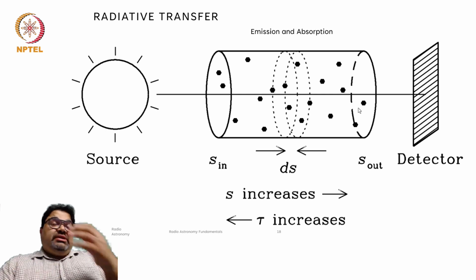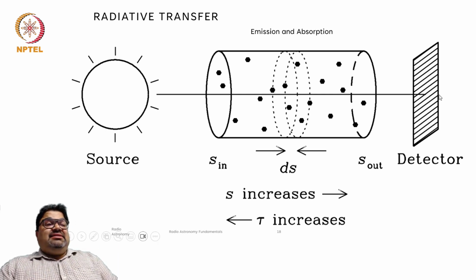So how do we take care of that while understanding the incident radiation which we detect, and finally the actual radiation which actually comes in? From the observed radiation we have to decipher the actual radiation, and that will only happen if we know about the intervening medium and its different characteristics.